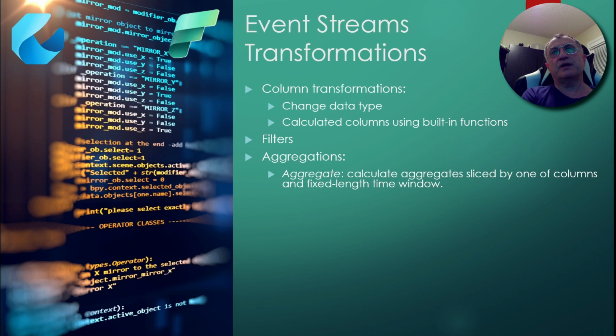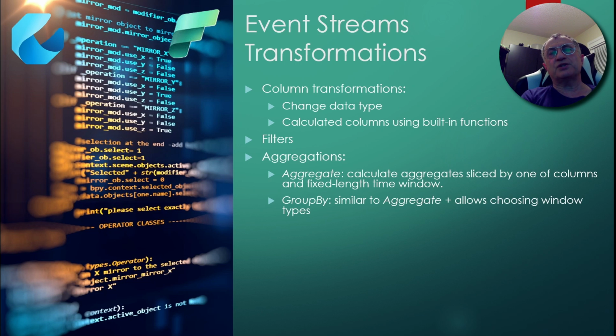These aggregates will be applied grouped by one or multiple columns, but in addition to that, you have to specify a time interval. So basically the entire time will be split into different time intervals, which you can specify the length for, and this aggregation will be calculated at the end of each snapshot.